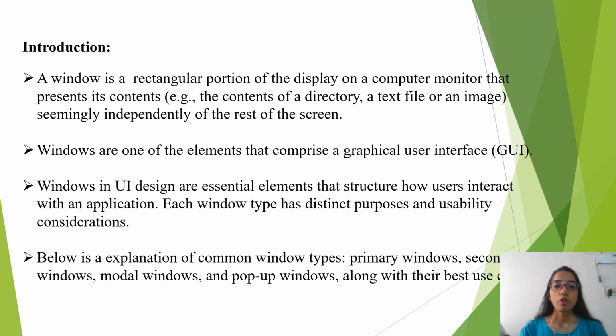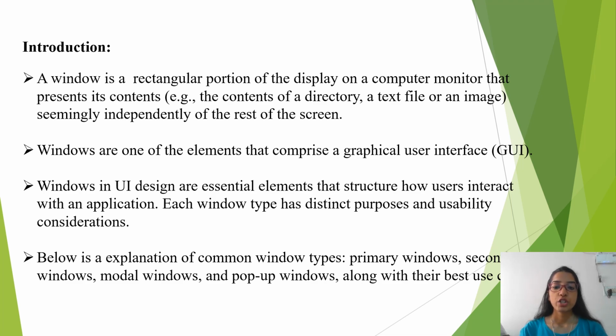Windows are one of the elements that comprise a graphical user interface, which is also called GUI. Windows in user interface design are essential elements that structure how users interact with an application. Each window type has distinct purposes and usability considerations.